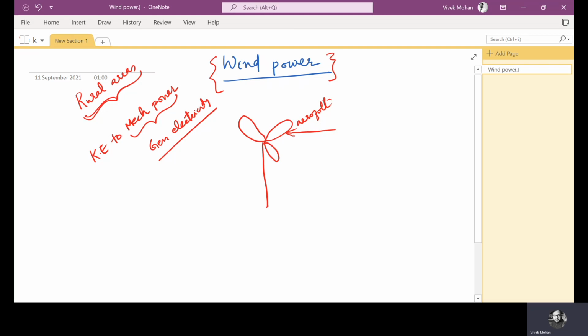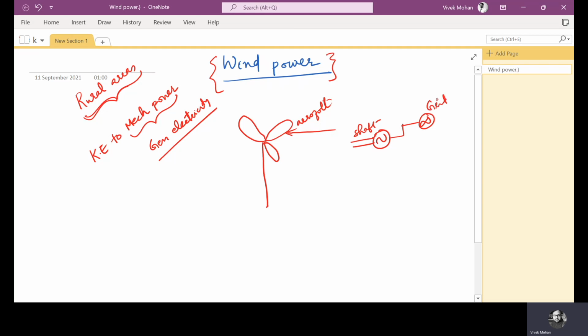The kinetic energy from the wind is extracted by the blades, and the blades are connected to a generator through a shaft. So the generator will generate electricity, which is connected to the grid. Okay, this is the grid.